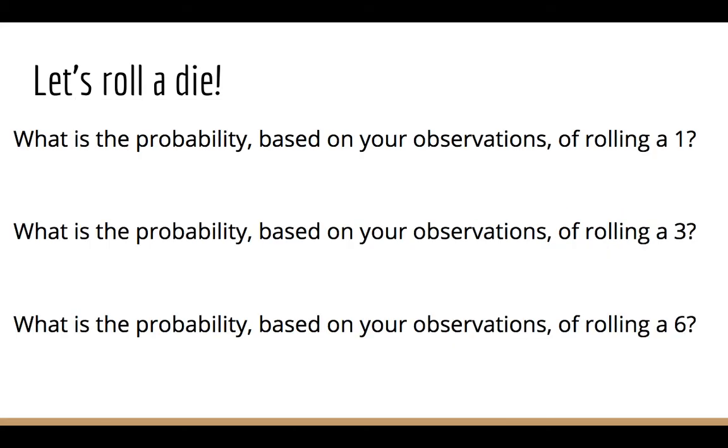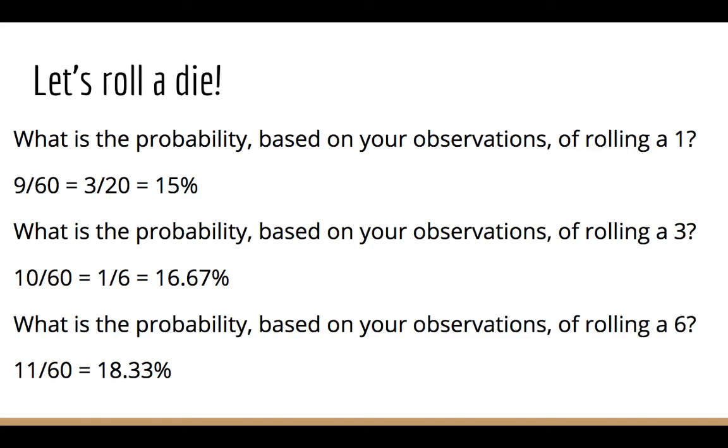So you could ask yourself this kind of question. What's the probability, based on your observations, of rolling a 1, a 3, or a 6? The probability will be just how many times you saw a 1 coming up divided by the total number of times you've rolled the die. And the same for 3 and 6.